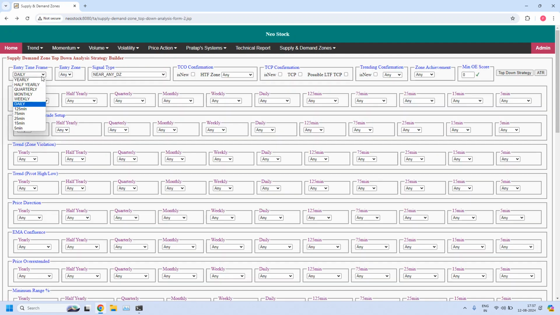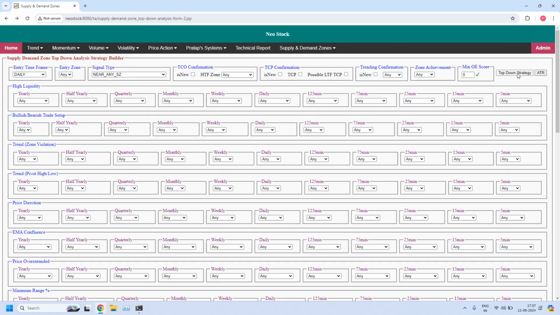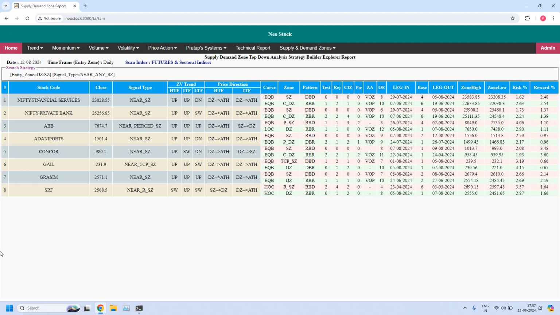Okay, the next report on daily time frame, let us find the stocks near daily supply zone. 8 stocks are filtered near to the daily supply zone. Let us identify any high liquidity zones from this list. And here we have GAIL is having a high liquidity supply zone, already tested once.